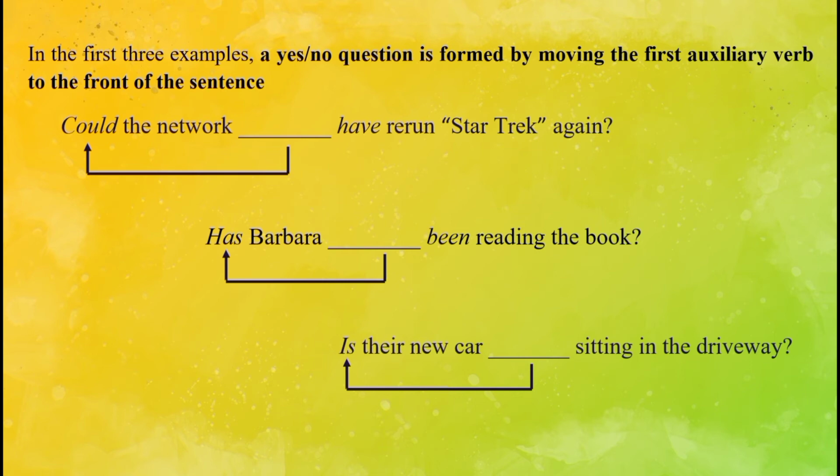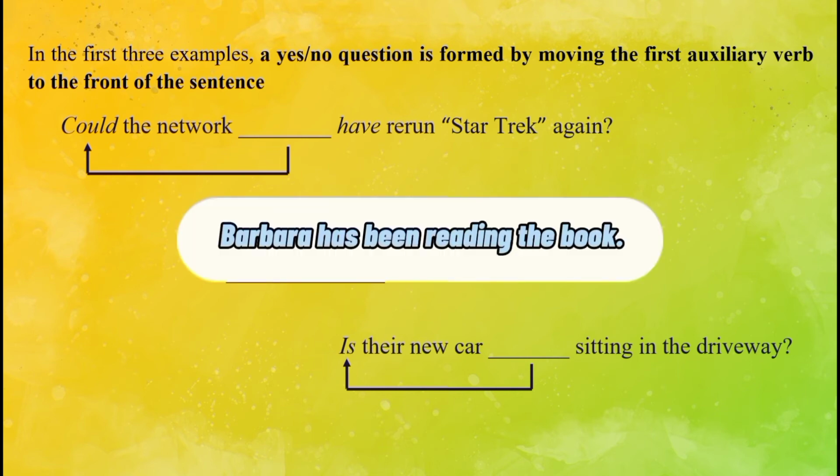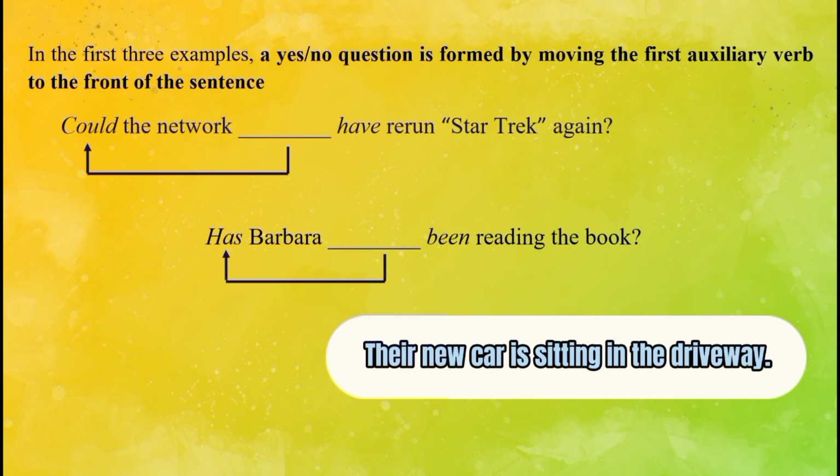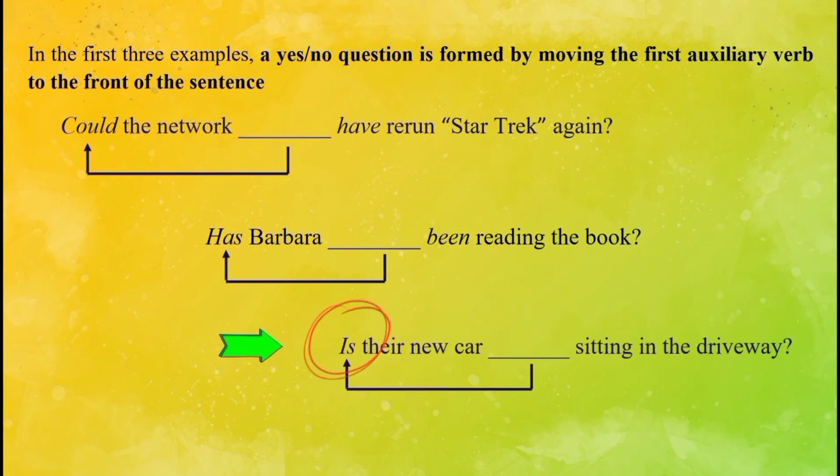The same is true with the second example. Originally, the sentence is, Barbara has been reading the book, but by moving the auxiliary verb to the front, it became, has Barbara been reading the book? And finally, in the third example, the original statement is, their new car is sitting in the driveway, but by moving the word is, which is the auxiliary verb, to the front, it became, is their new car sitting in the driveway?